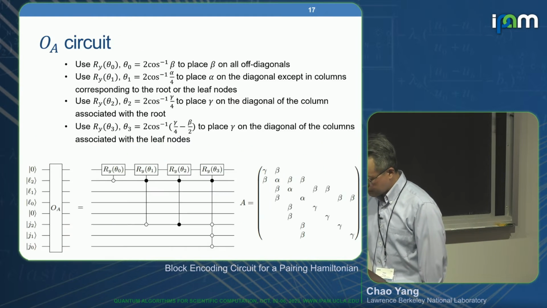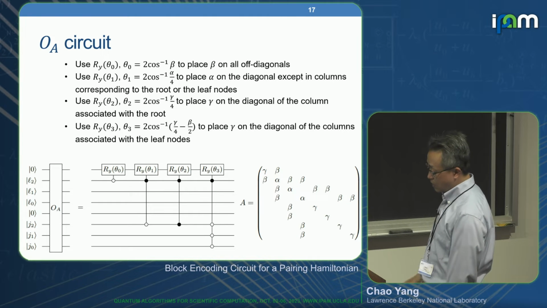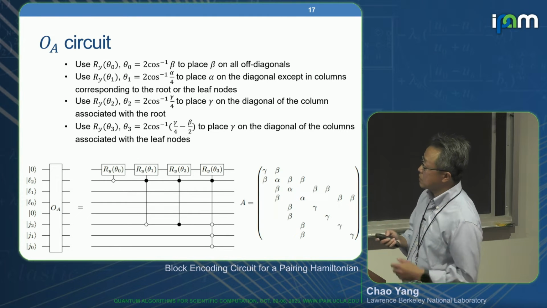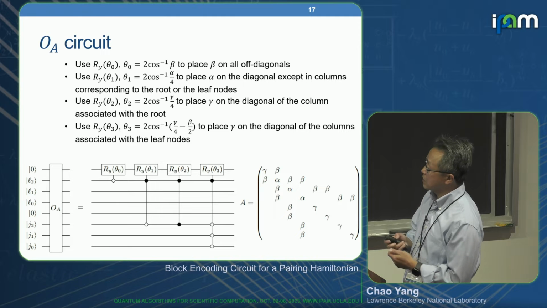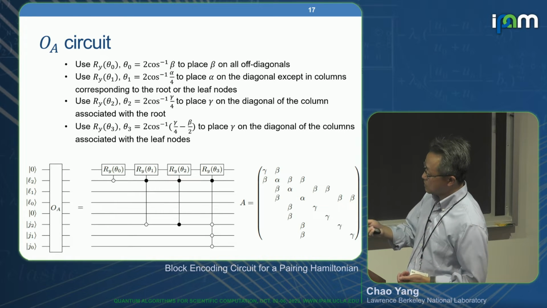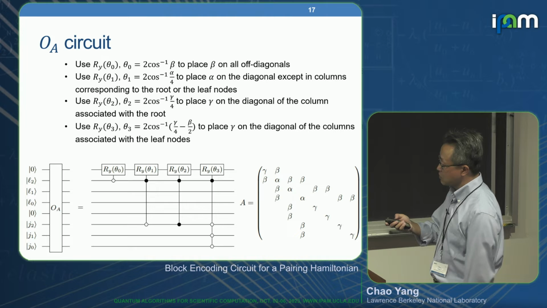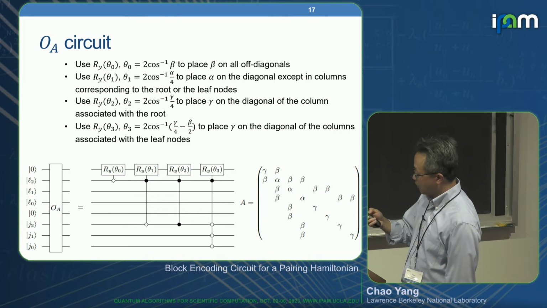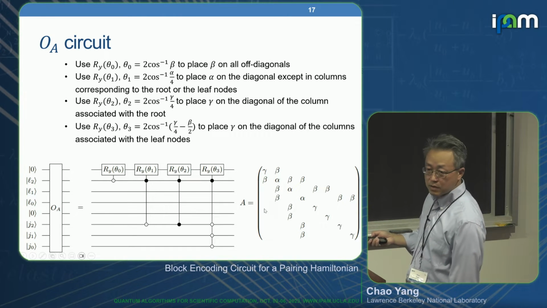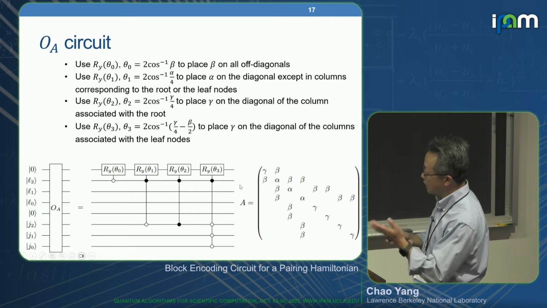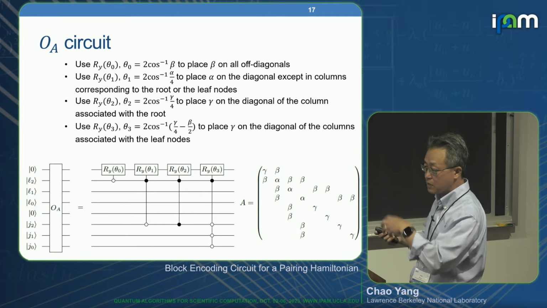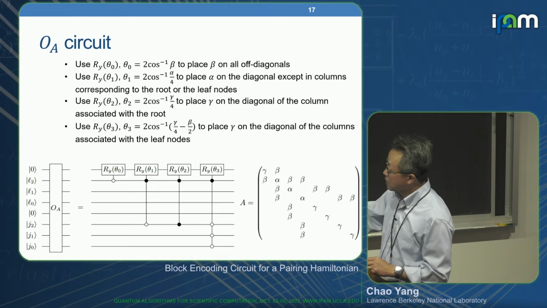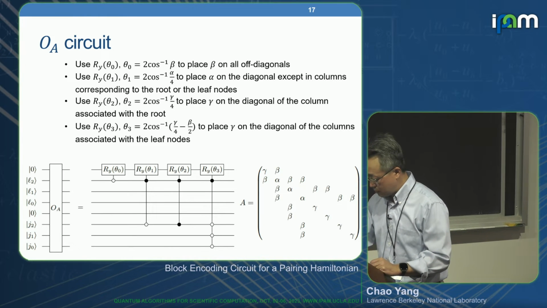You can also construct the OA circuit: a bunch of multi-qubit control rotations, depending on where the non-zero matrix elements are, whether off diagonal or diagonal, and if diagonal, whether it's the leaf node or the parent node. These are all the conditions that you use.